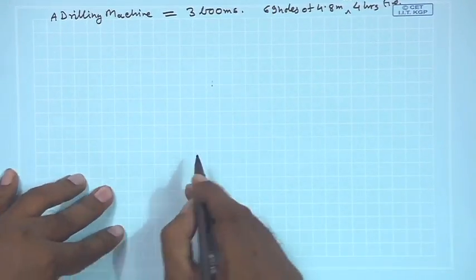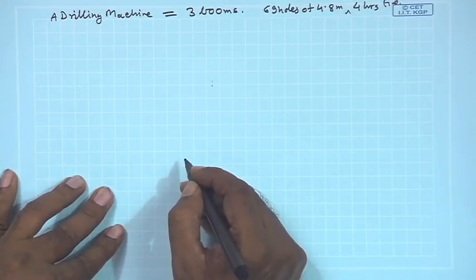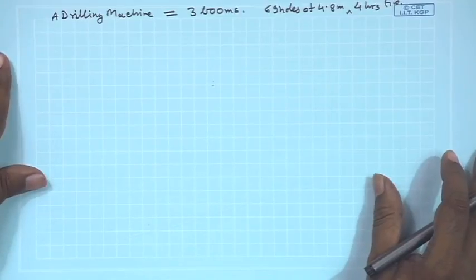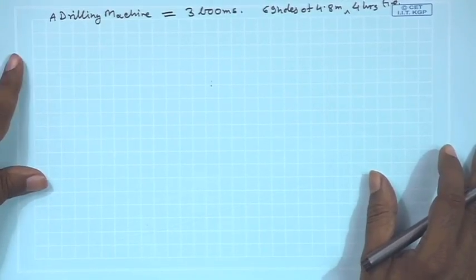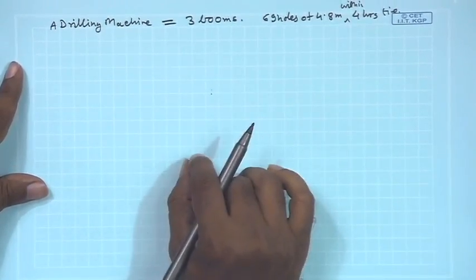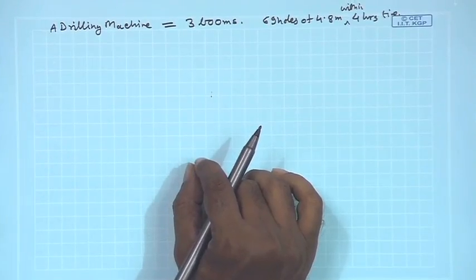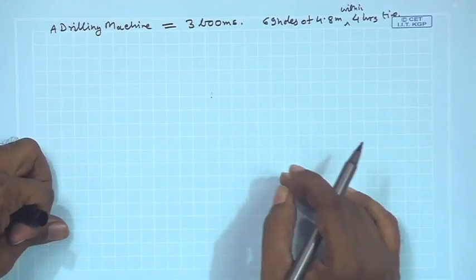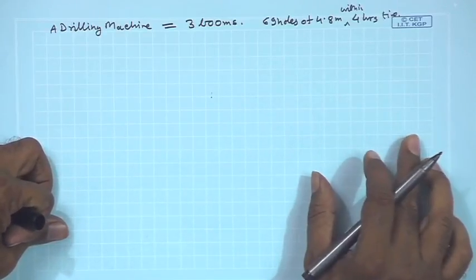So, let us look into the next part of this. We have to charge explosive in this hole so that we can achieve the desired production.